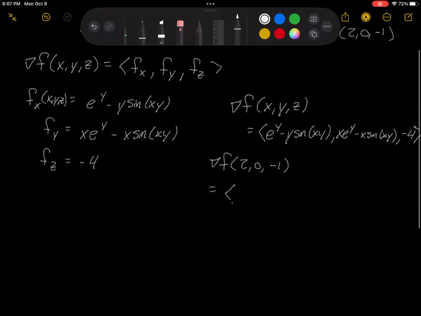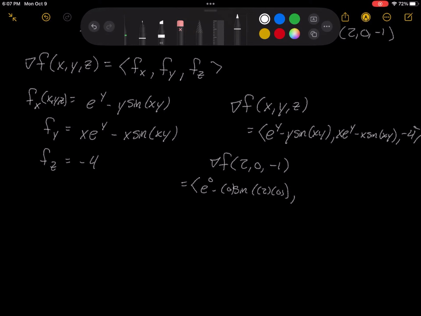If I do that, I'm going to end up at e to the 0 minus, let's just write it out, and then we'll simplify the algebra later. It's going to be e to the y, which is 0, minus y times sine of x times y. We're going to see a lot of cancellation here.